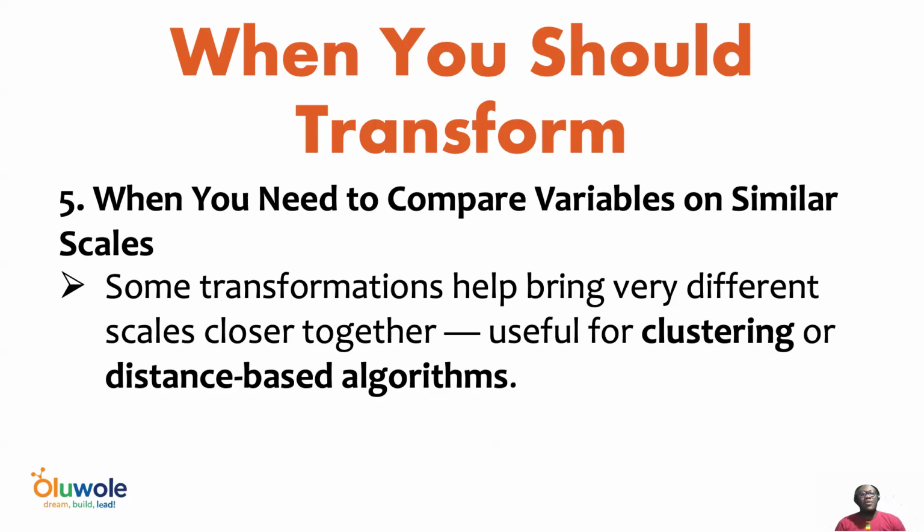When you are working on a clustering model, you just need to do a transformation. You have data sets, and some are high on one angle, some are below. You need to bring them together so that they can work very well for you. So by the time you are creating your models, that's why most times you find some people say, oh, I built a model, my model's accuracy is 99%.